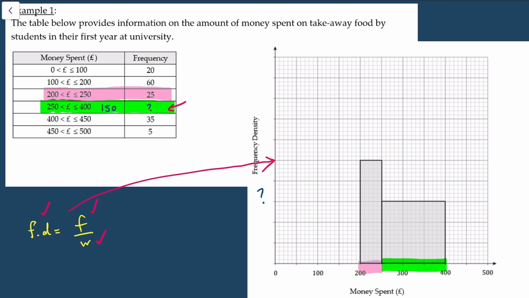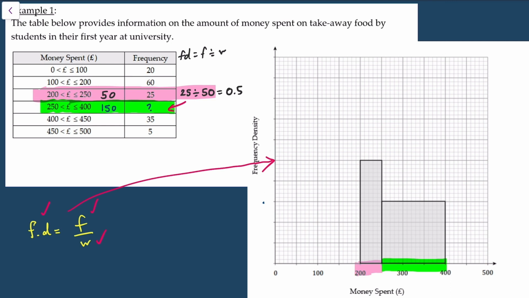We said we're going to use the bar that we are given and the complete interval that we are given, and we are going to work that out. Frequency density is frequency divided by the width. The width here is 50 and the frequency is 25. So 25 divided by 50 is equal to 0.5.